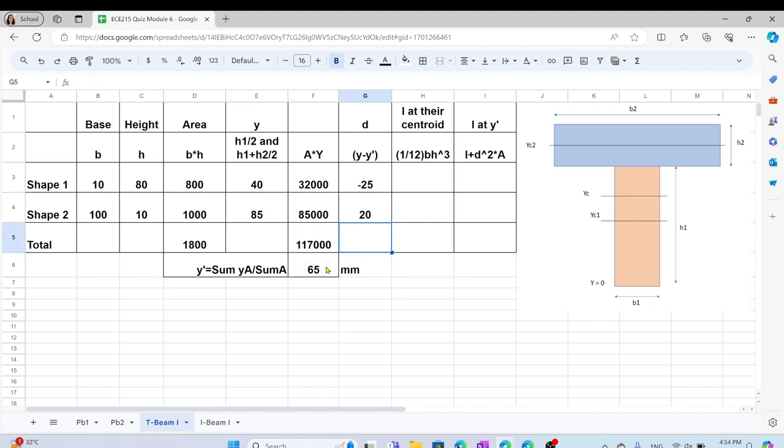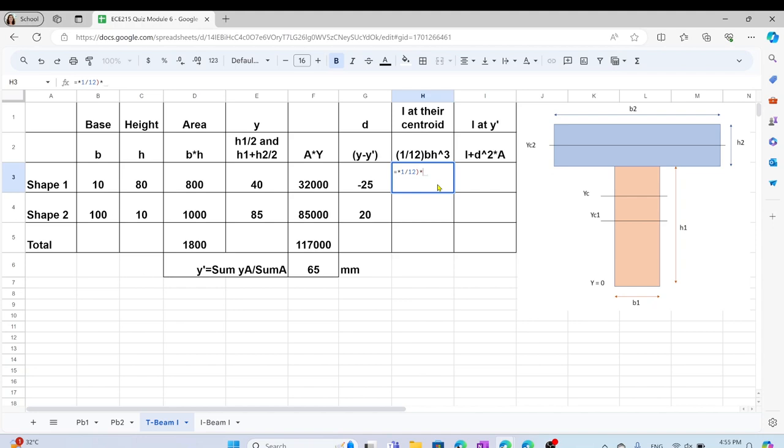Do not drag your formula. If you drag your formula, you will have a value that is not correct. Make sure that you rewrite your information. Okay, E4 minus F6.